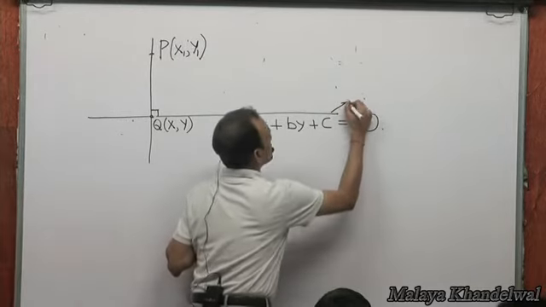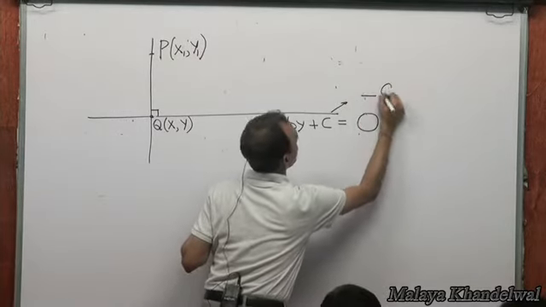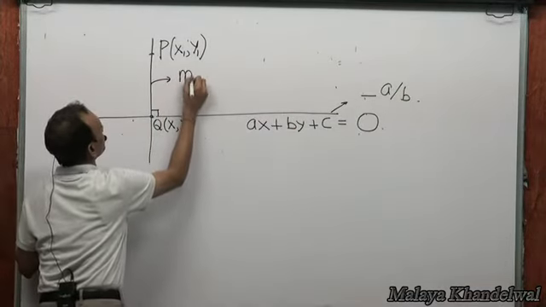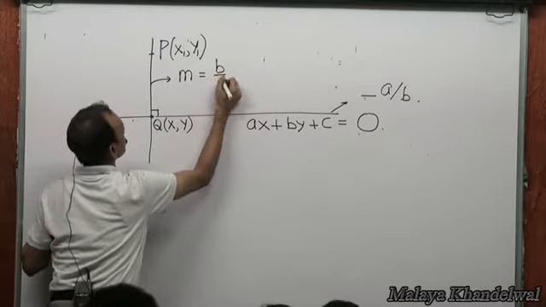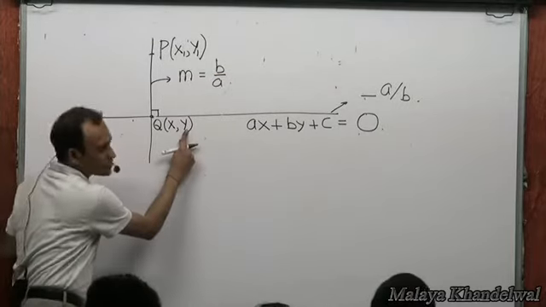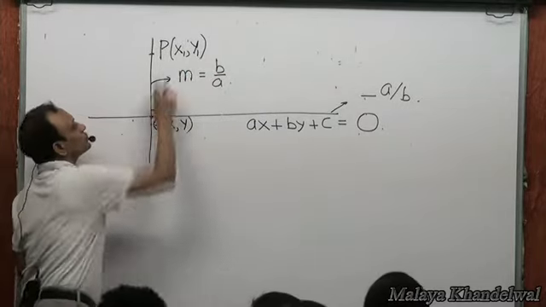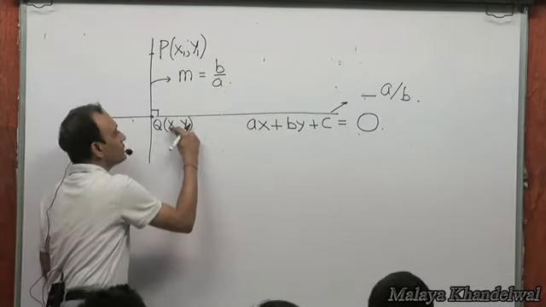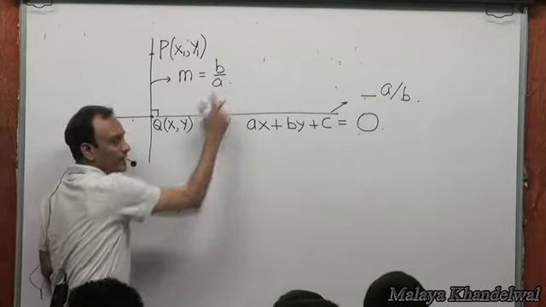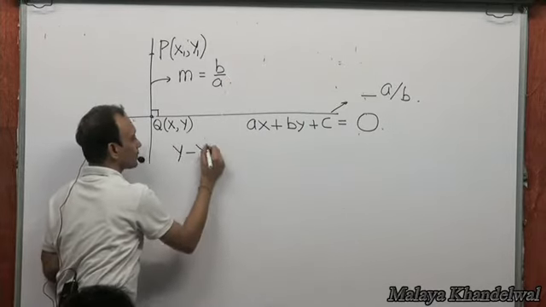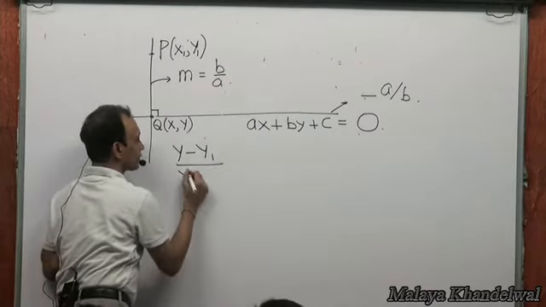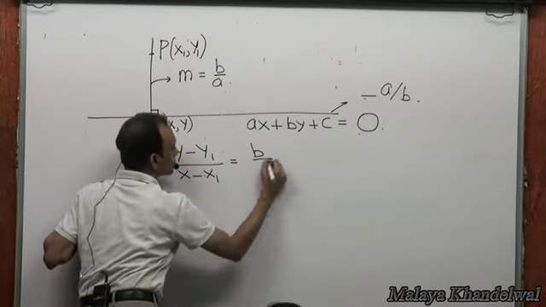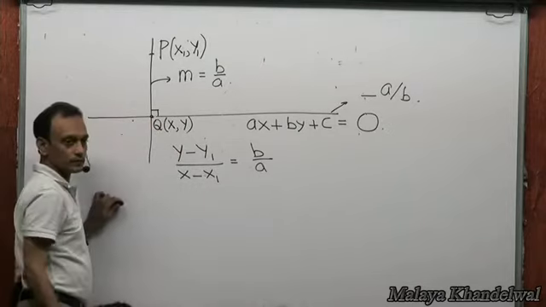The slope of this was minus A by B, whereas the slope of this is B by A. Now this (x, y) and this (x1, y1) would constitute the slope B by A. So can I say (y minus y1) by (x minus x1) is B by A? Can I say this? Yes.